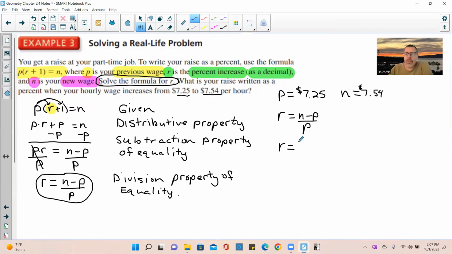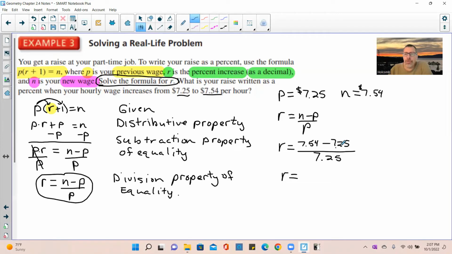So N is 7.54 minus P, which is 7.25, divided by P, which is 7.25. So R equals, so we simplify here. Order of operations says parentheses or grouping. So there's a perfect example of this.